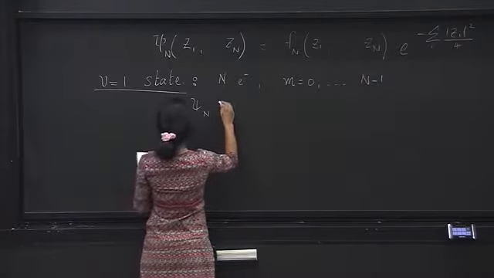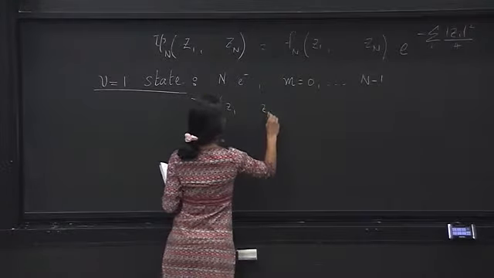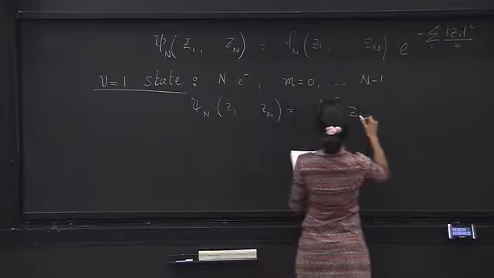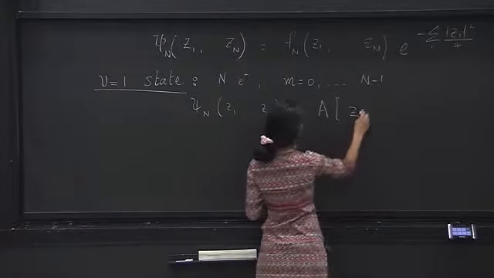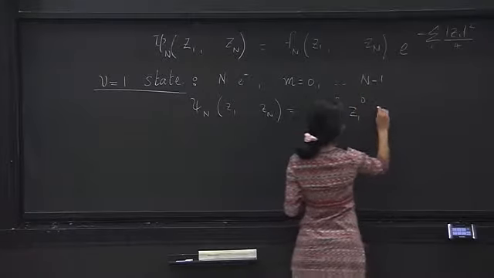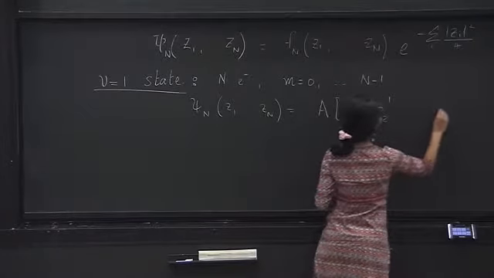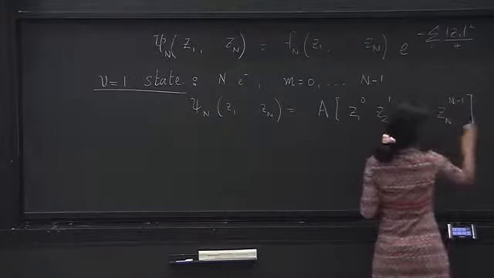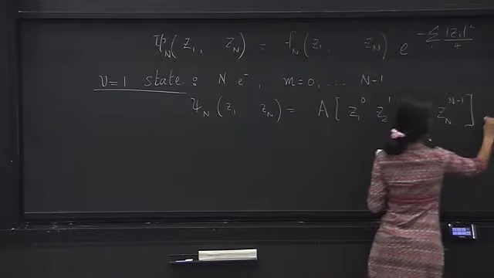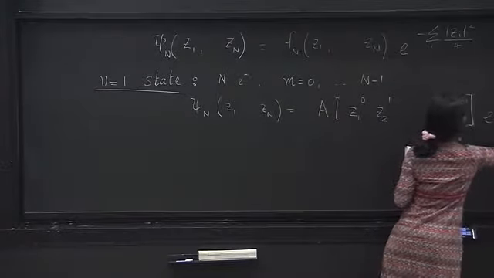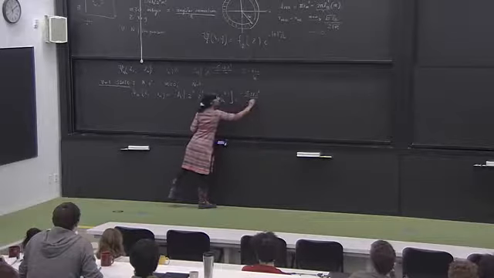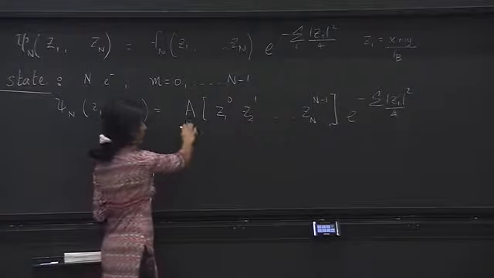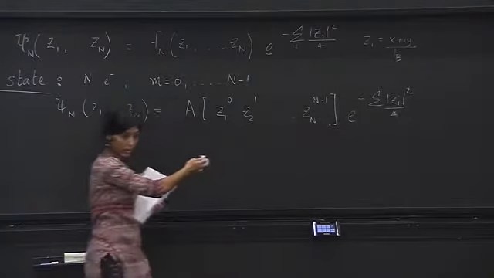So psi of z1 to zn is the anti-symmetrized version of this product. So I take electron 1, put it in m equal to 0, electron 2 in m equal to 1, electron n in m equal to n minus 1, anti-symmetrize the whole thing over the labels of the electrons, and multiply it by this Gaussian factor, right? So this is just first quantized fermionic wave functions, anti-symmetrized because I have fermions.